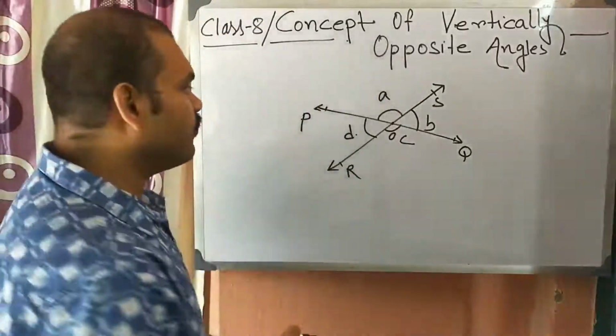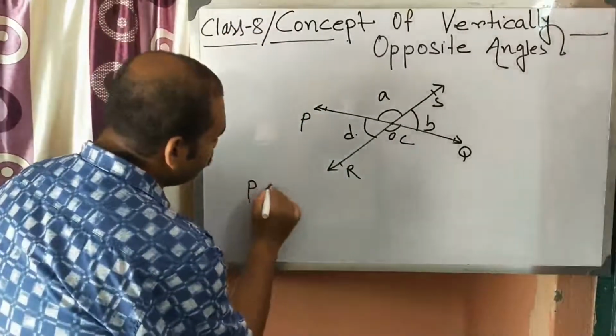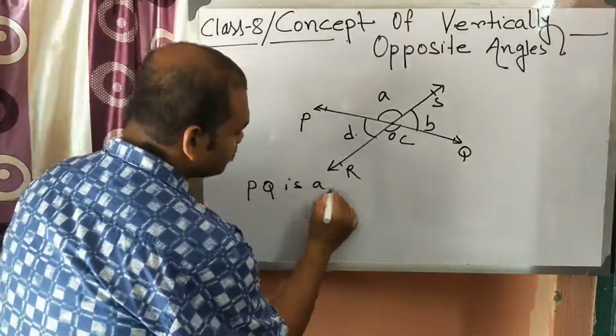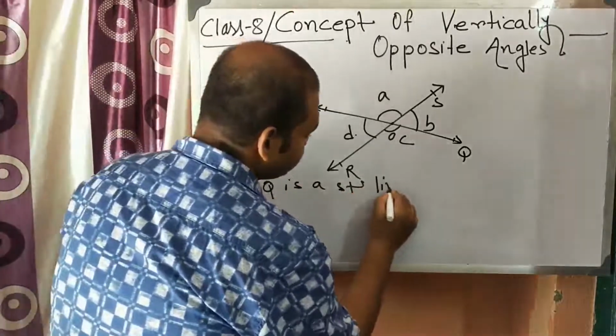Then how to prove it? PQ is a straight line.